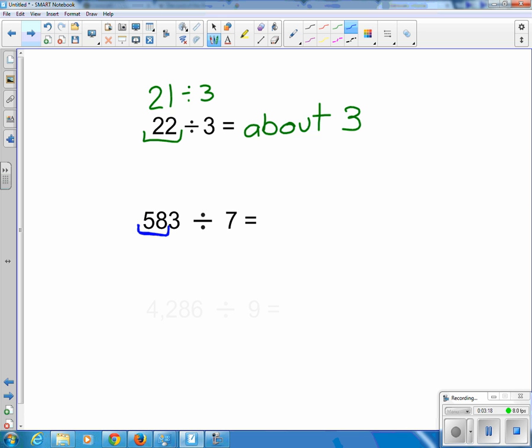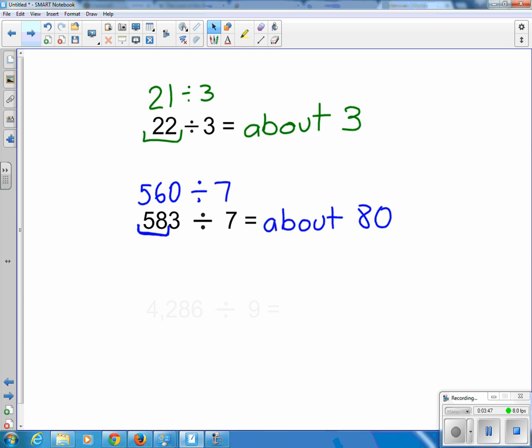I think 56 is much closer. So I'm going to change the 58 for 56. And the 3, I'm going to change it for a 0 because it's much easier to divide when your number ends in a 0. And then 560 divided by 7 is 80, right? So we're going to say that our estimate is about 80, right? We have to end in a 0.